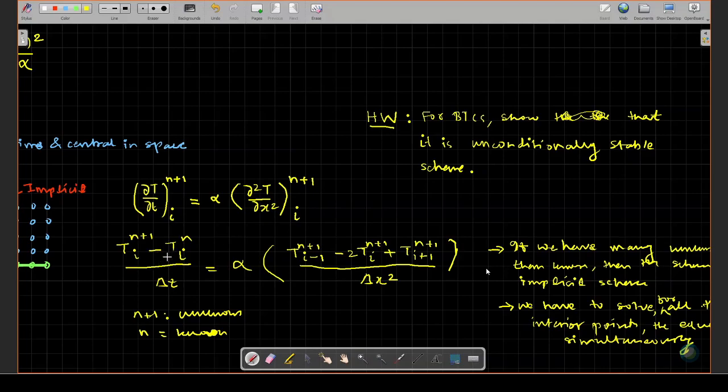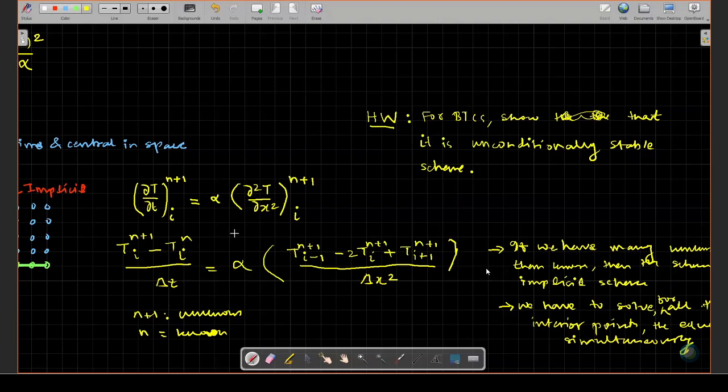You write an error equation for this kind of equation, and then you assume the error solution of Fourier mode type, the first mode only, and then you substitute those values and write it in the form of amplitude ratio from the n plus 1 time level to the known nth level.